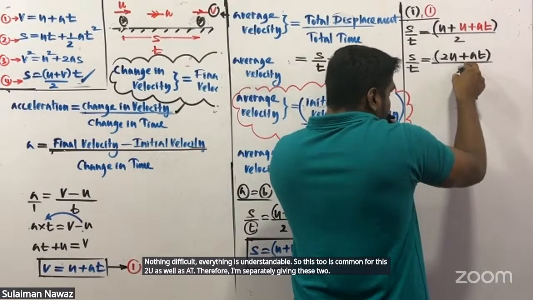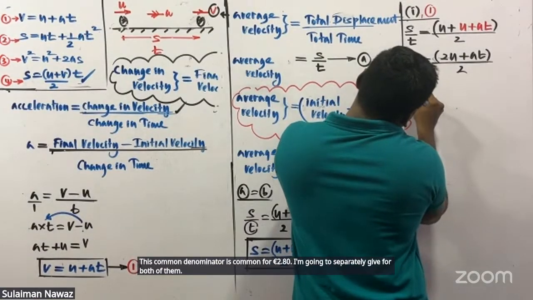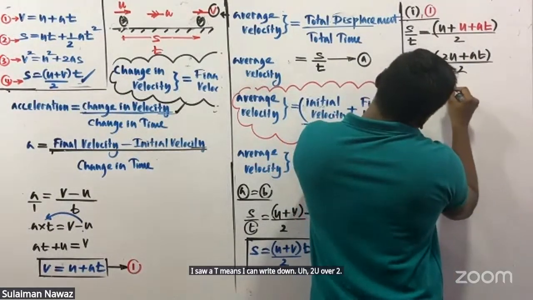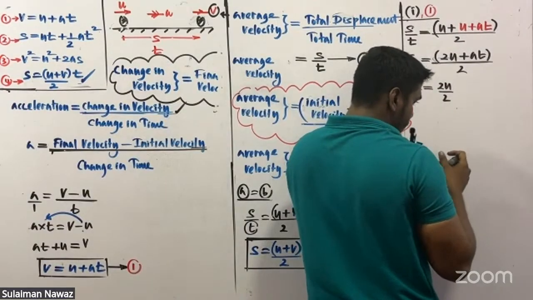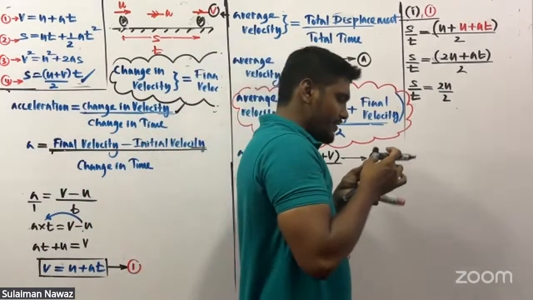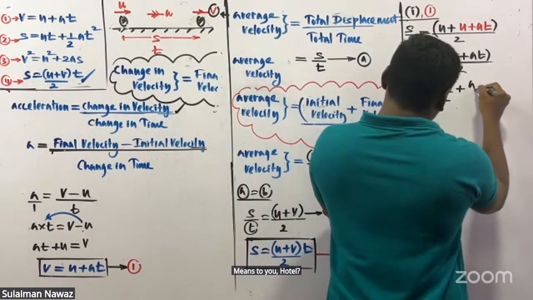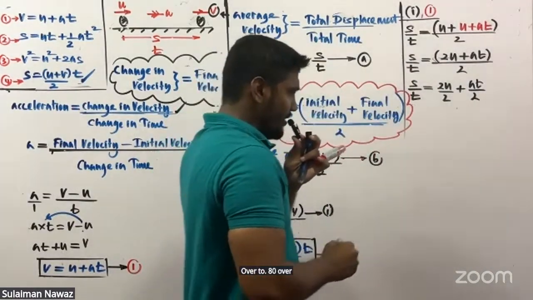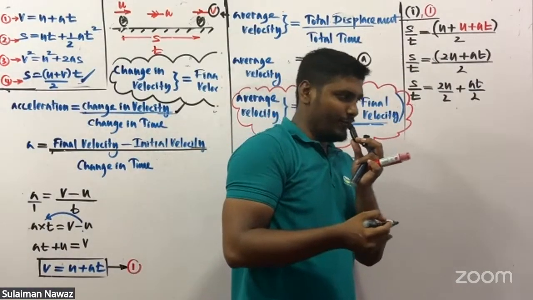The common denominator is common for 2U and AT. S over T means 2U over 2 plus AT over 2.